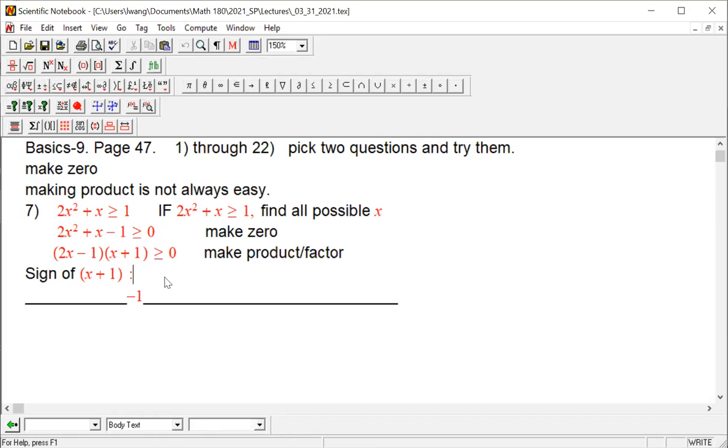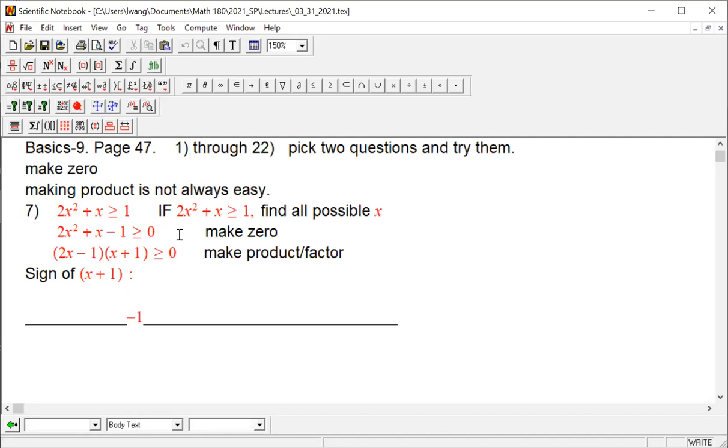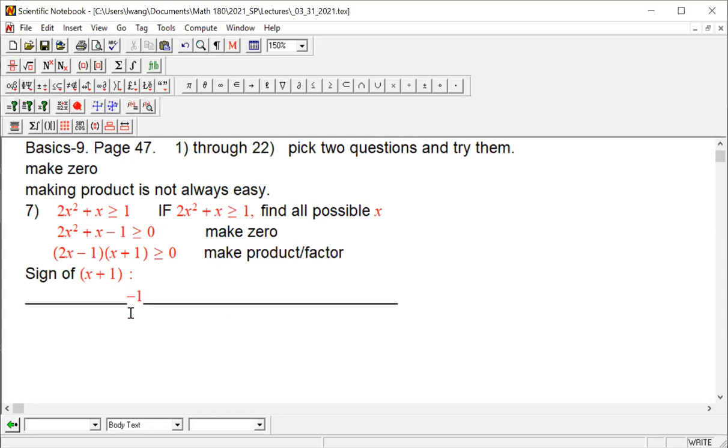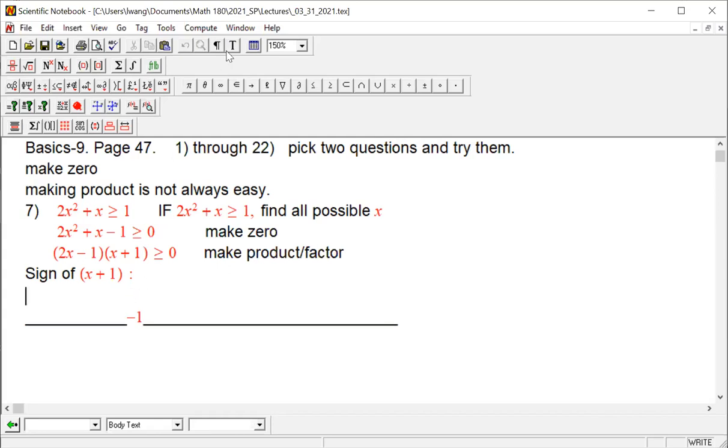So when we pick a number smaller than -1, what will be the sign of x plus 1? Just try a number less than -1. Pick -2. What sign would that be? Negative.